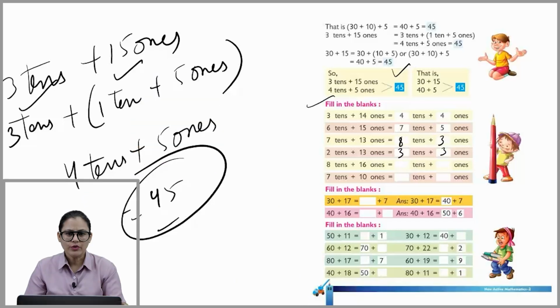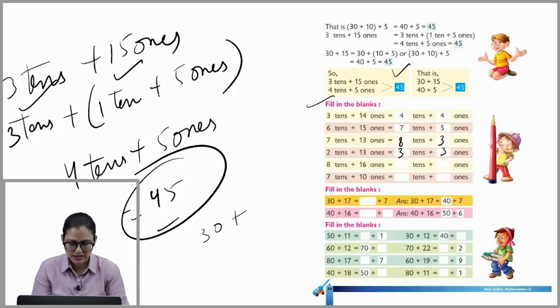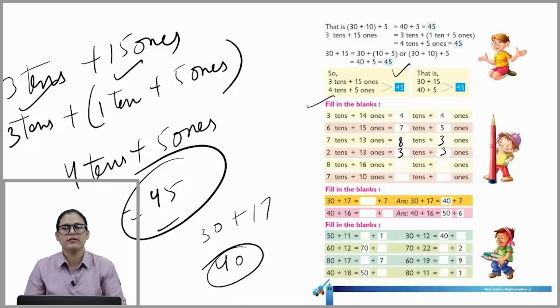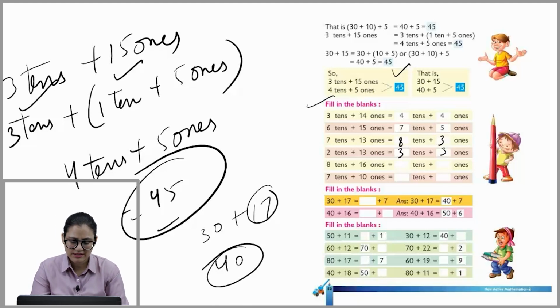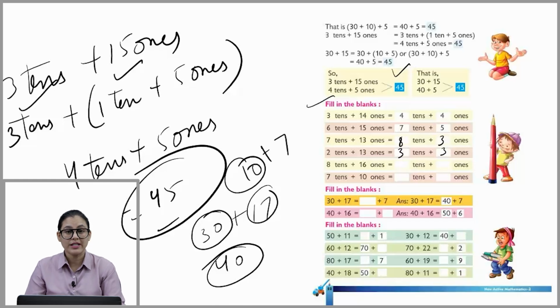Now you will think, here is 30 plus 17, then where did this 40 come from? Actually, 17 is 10 plus 7. We will add 30 and 10 and then we'll get 40 plus 7. Next is 50 plus 11.